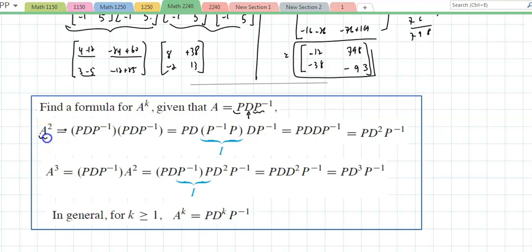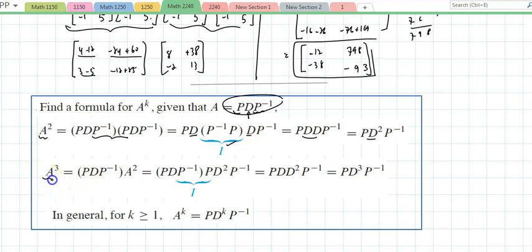If I take A squared, I multiply this by itself, I get P inverse times P, that's the identity, they undo each other. D is a diagonal matrix, and when I multiply a diagonal matrix by itself, I get D squared. Oh, that's the part I forgot to show. Dang it. That's okay. I'll show you that right after.